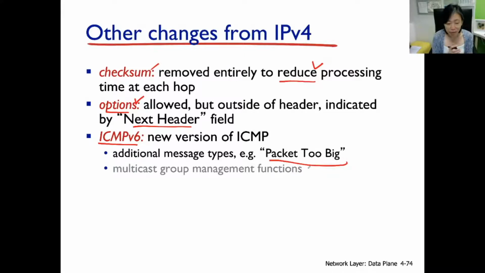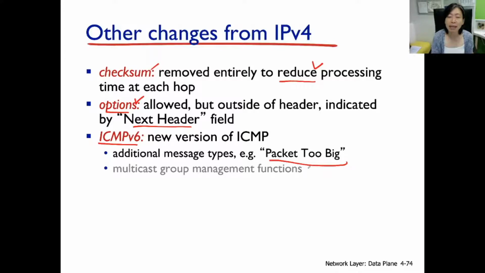Allow me to elaborate. Now we don't have fragmentation and reassembly. But the fact that some of the links on the internet allow a smaller MTU is still there. So what if we have a big datagram coming to a router and the next link has a smaller MTU, but we cannot fragment this datagram anymore? What should the router do? What can the router do?